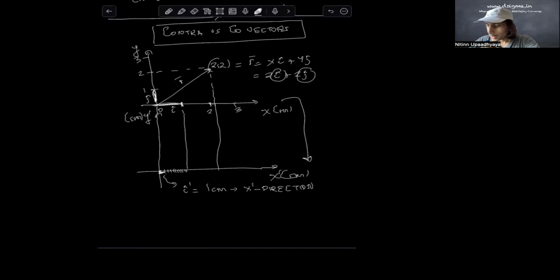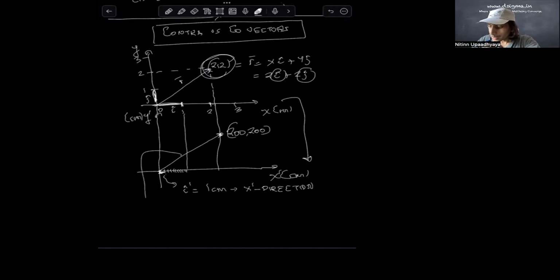And now we're going to measure distances in units of centimeters. So if I were to go back and locate the same point again, which was at 2 meters, comma 2 meters in the original coordinate system, we know that the position vector of the point will remain where it is. We haven't done anything except that the units of measurement have changed. Since 1 meter is equal to 100 centimeters, the new units in which we label our coordinates would be 200 centimeters, comma 200 centimeters.